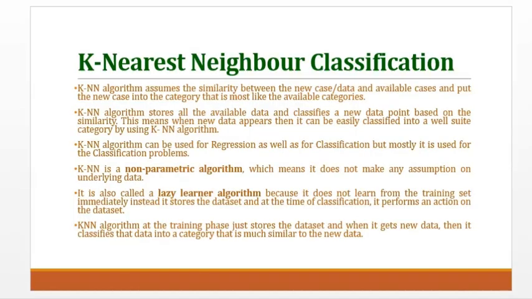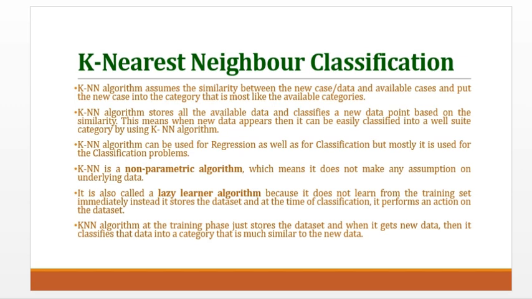K nearest neighbor classification is a non-parametric instance-based learning algorithm which is used for classification and regression tasks. In classification, KNN assigns the class to a data point based on the majority class of its K nearest neighbors in the feature set.